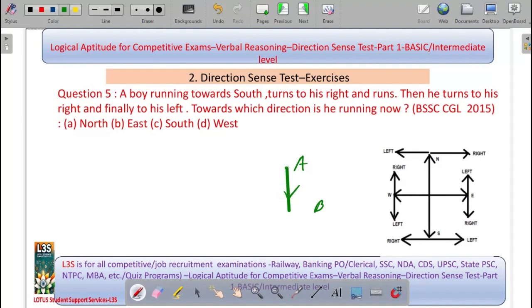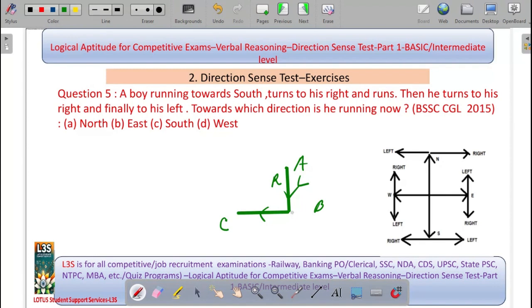So when he is moving from A to B, his right side will be this side and left side will be this side. Now he will turn to his right. That means he will go like this. This is his right side. He will go B to C this way. Then he turns to his right again.